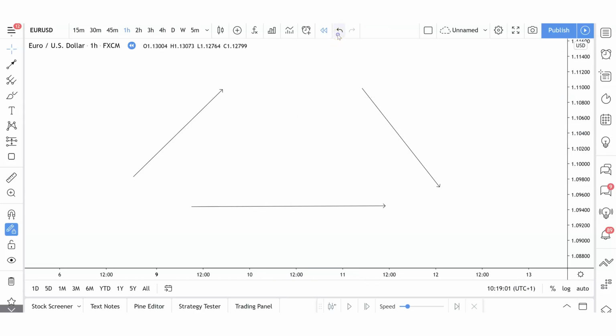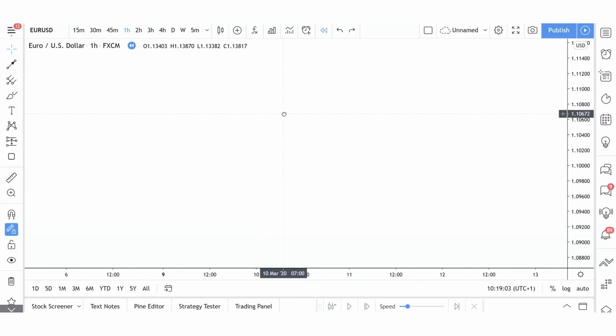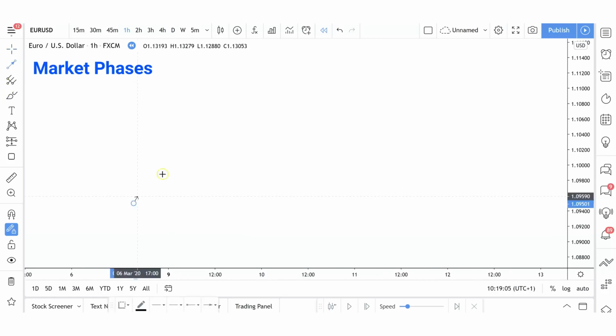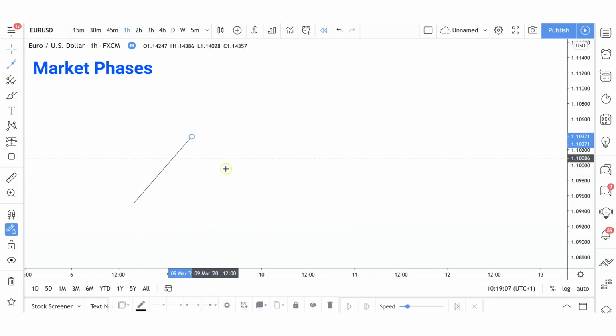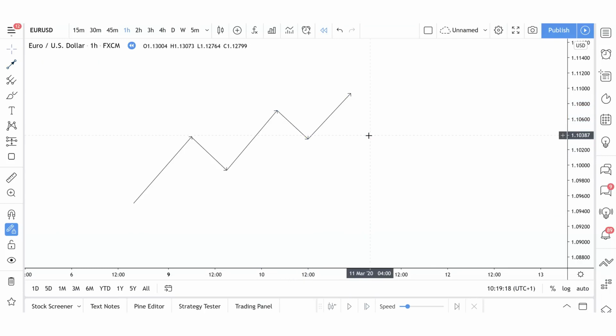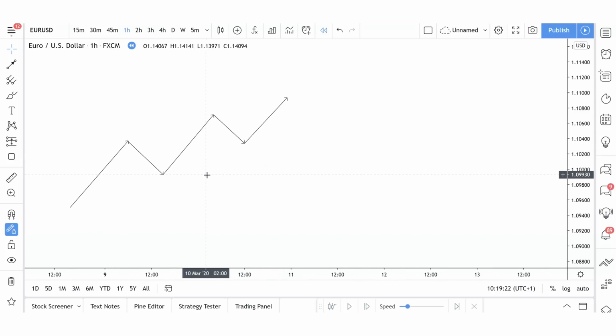Now what we're going to be identifying on an uptrend is how the market pushes to the upside, pulls back to the downside, continues to push to the upside, and pulls back to the downside. In theory, we would all love for the markets to look like this every single time, but we know it's not going to happen every single time.